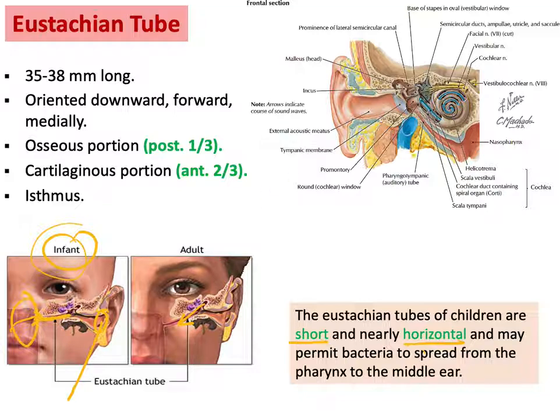Now, if you look at the canal, I would remind you of the external acoustic meatus: you remember the outer third was cartilaginous, while the internal two-thirds is bony.